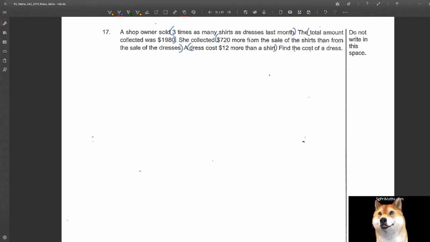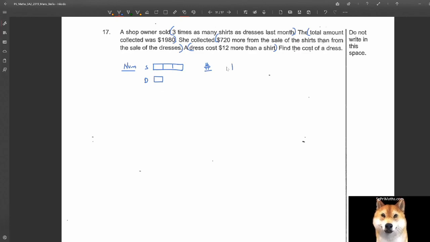So look at the number of shirts and dresses first. The actual number: shirt is 3 units and dress is 1 unit. There is no more information given about the number in the question. So we move on, then we look at the actual amount of money collected.